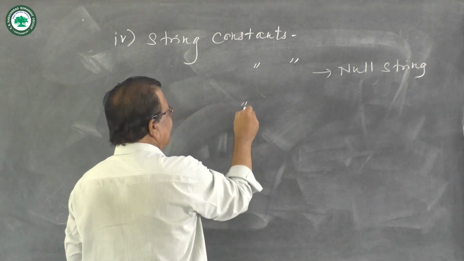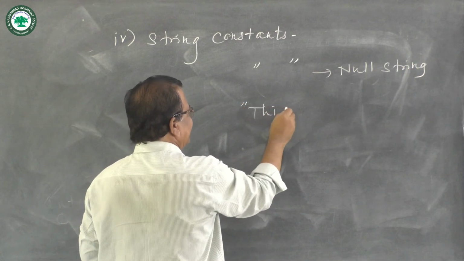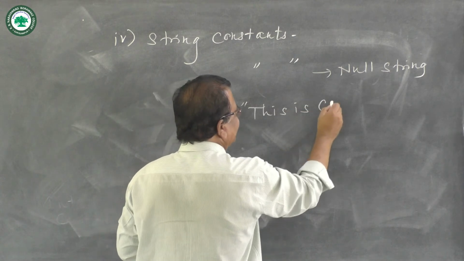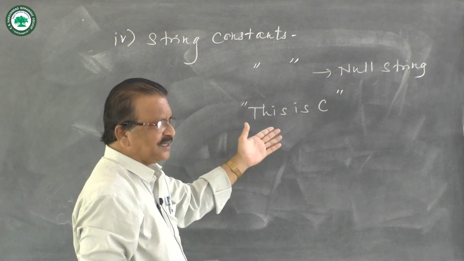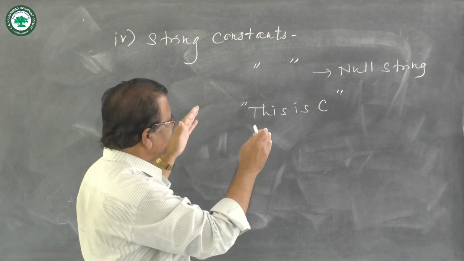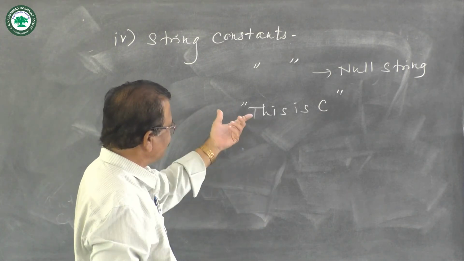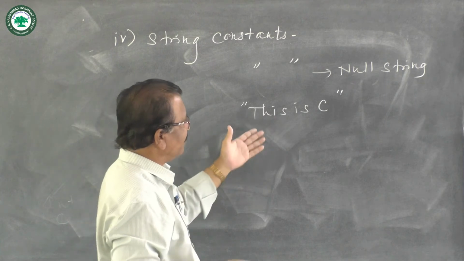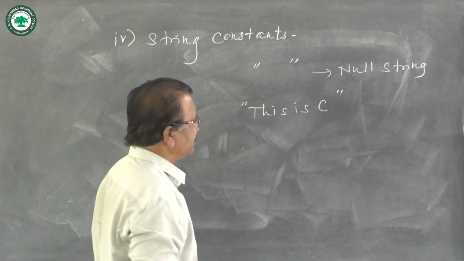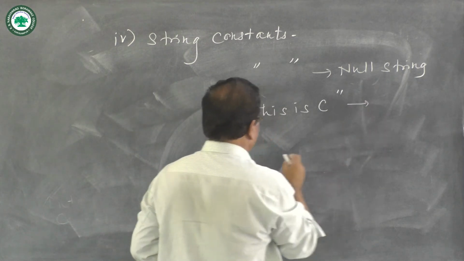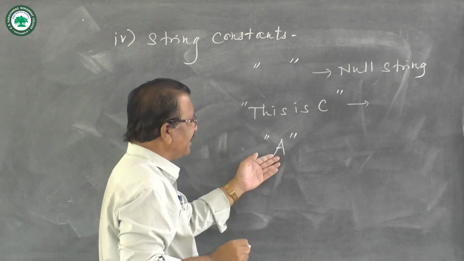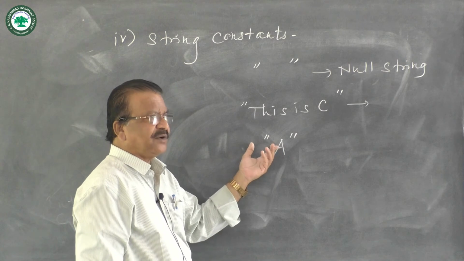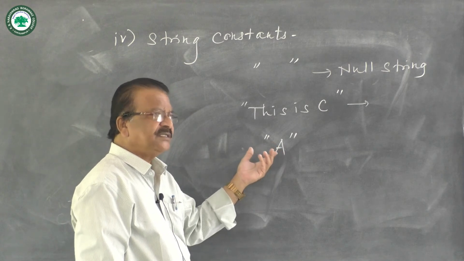Then this is C. This is C is a string of characters which is surrounded by double quotes which point to the left, and therefore this is a string constant. I am writing a double quote. Although it is a single character, since it is enclosed by double quotes, it's a string constant.